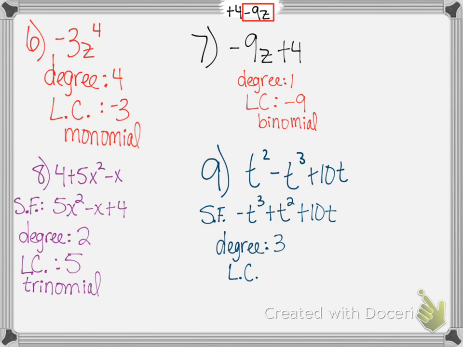Close. Negative 1. The leading coefficient is negative 1. We consider it to be a negative 1 t cubed. Would it be wrong if you just put negative t? Yes, because you can't have a variable as a coefficient. Coefficient has to be a numeral. Okay. What about the type? It is also a trinomial, 3 terms.